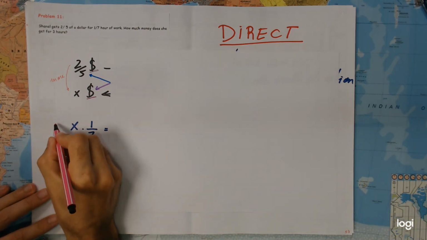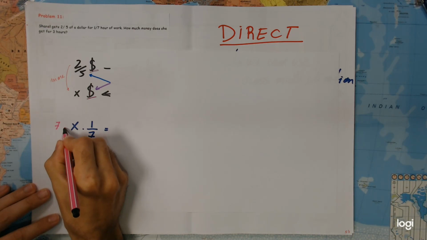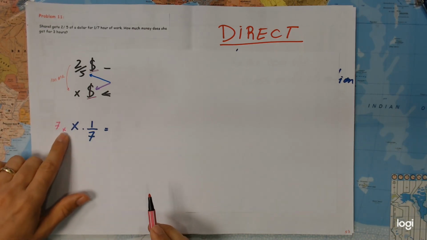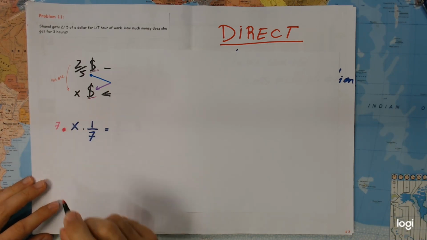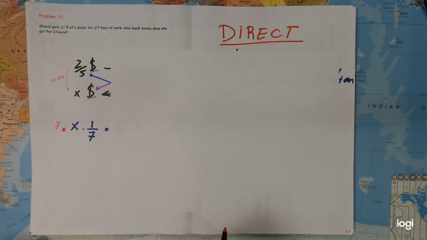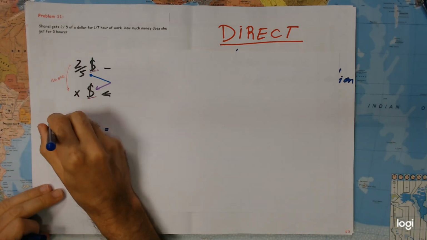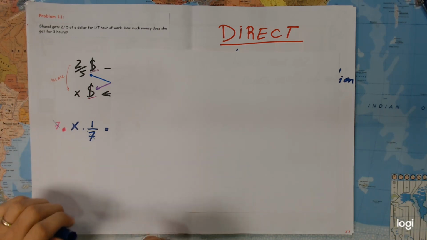Well, if we just multiply by 7, 7 times this, what is going to happen? We are going to be able to cancel the 7, right? Look, cancel, cancel. You see? Now the 7 is gone.